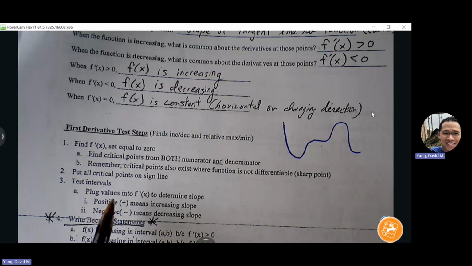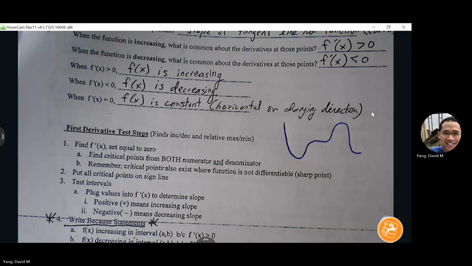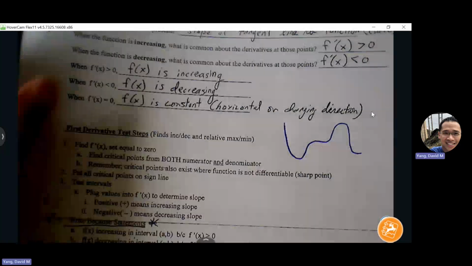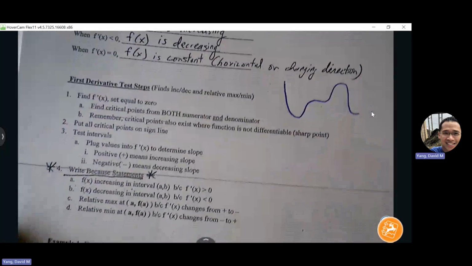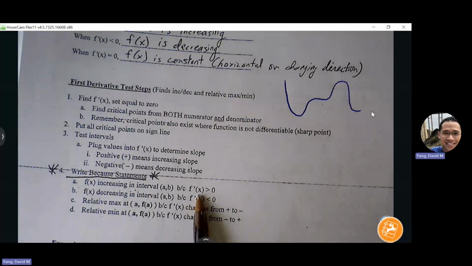Okay, so what we're going to do is we're going to plug values into f prime to determine the slope. A positive slope means the graph is rising. A negative slope means the graph is falling. And we're also going to learn how to write because statements. Okay. If a function is increasing, we say because f prime is greater than 0. If a function is decreasing, we want to say because f prime is less than 0.